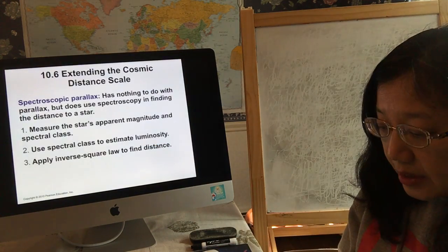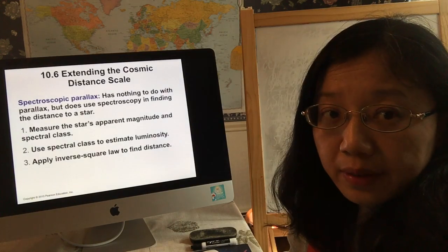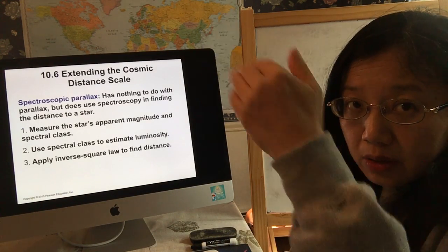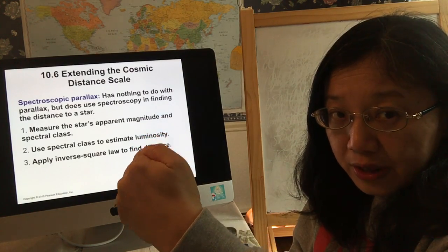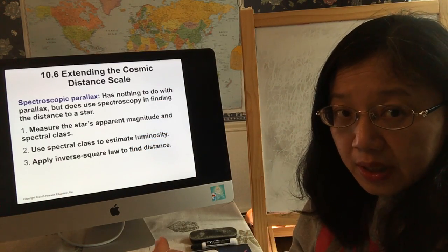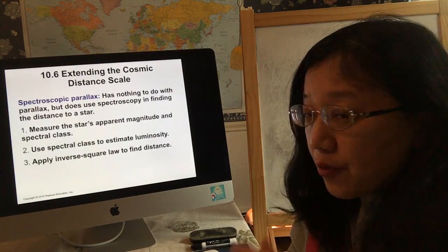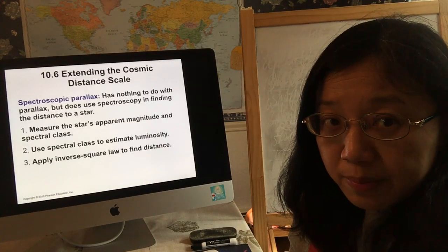The next topic I just want to mention very quickly, we talk about this throughout the semester, because the way we measure how far an object in the universe is away from us depends on the method.